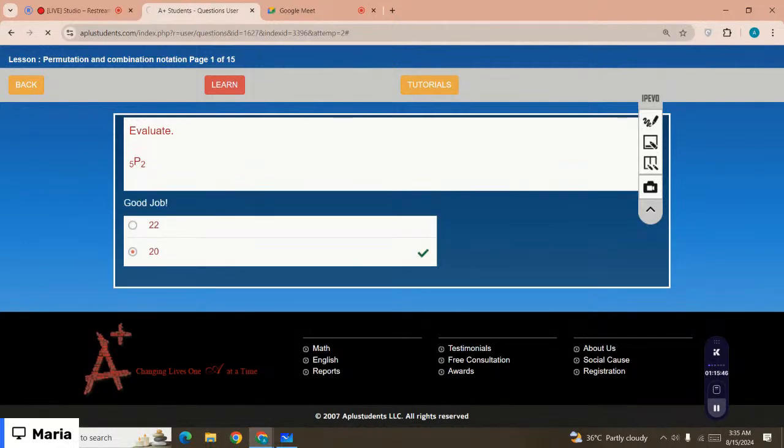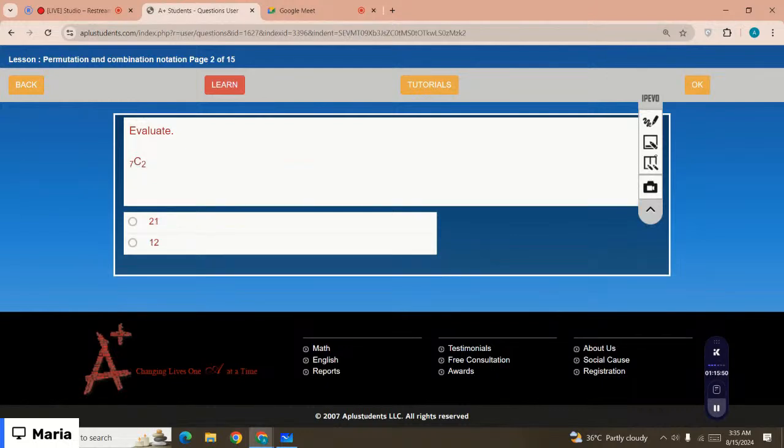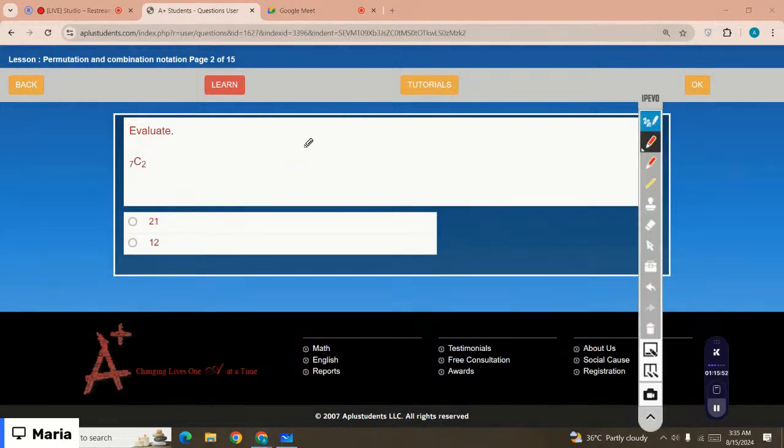Okay, the next one is 7C2. You have to evaluate the combinations, right? So nCr is n factorial divided by n minus r factorial and r factorial. 7, 5 factorial and 2 factorial, right?